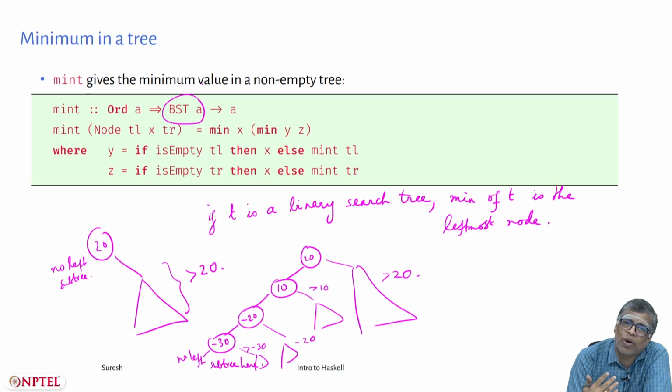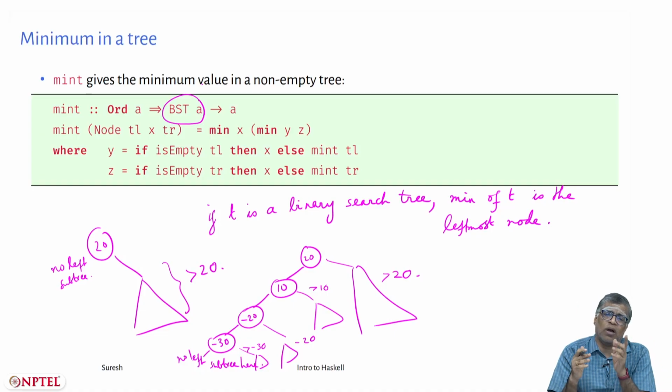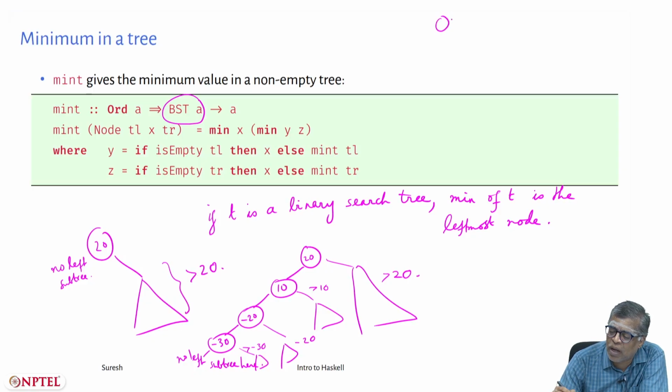So, in general, if I want to find the minimum, I need to actually think of it as finding the minimum in some tree where nodes can be compared. That is all I know for now. And what is the minimum? I will have X here and I will have a left subtree and a right subtree.